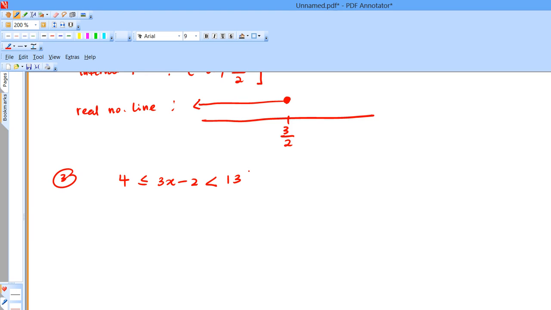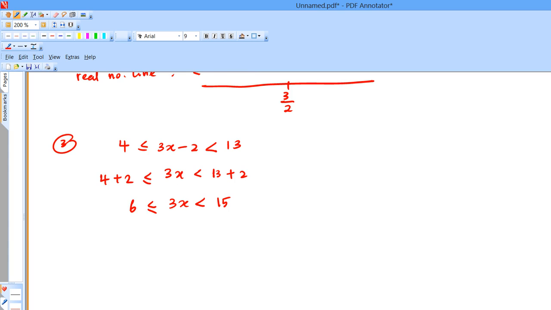We can bring the constant to the left-hand side and right-hand side. So we get 3x less than 13 plus 2 and greater than or equal to 4 plus 2. So 3x less than the right-hand side, 13 plus 2 equals 15, and the left-hand side greater than or equal to 6.